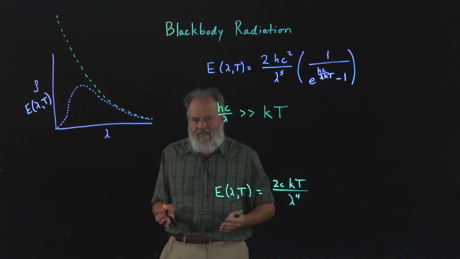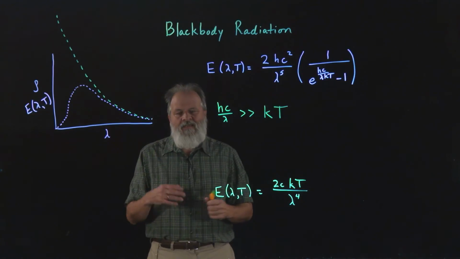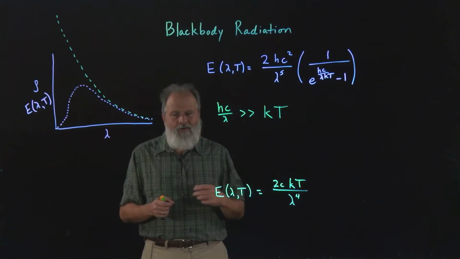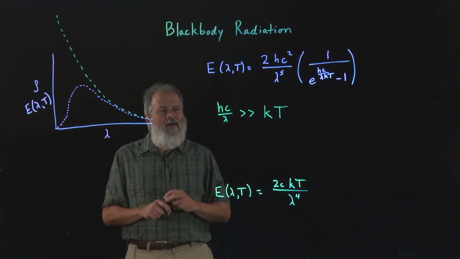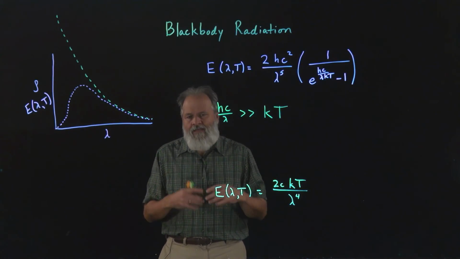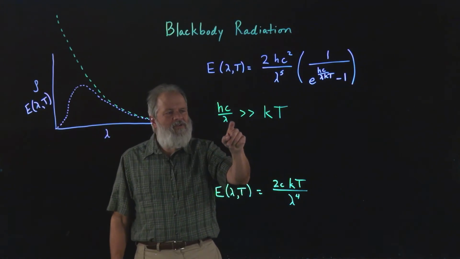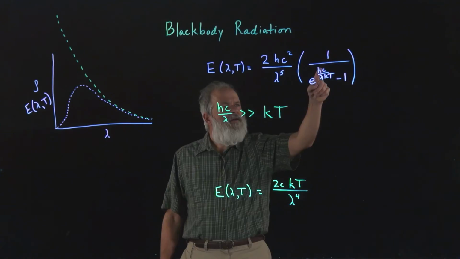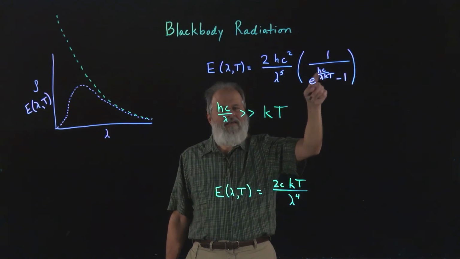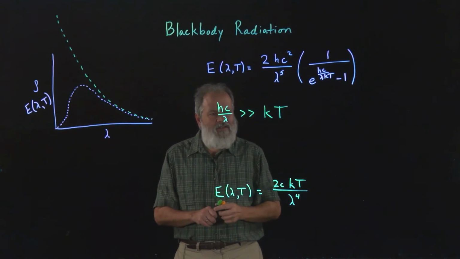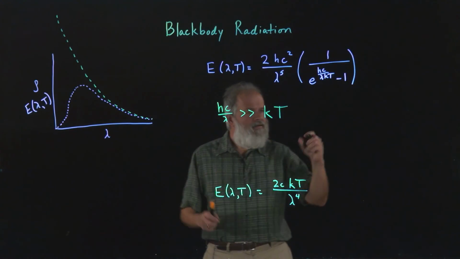So Boltzmann's constant times the temperature is more or less a rule of thumb for how much average energy you have in a particular mode. It's actually 1/2 kT for every degree of motion in the system. Okay, so if hc over lambda is much smaller than kT, then we can see that this is basically e to the 0. And e to the 0, when you do a Taylor series expansion, does this sort of thing.